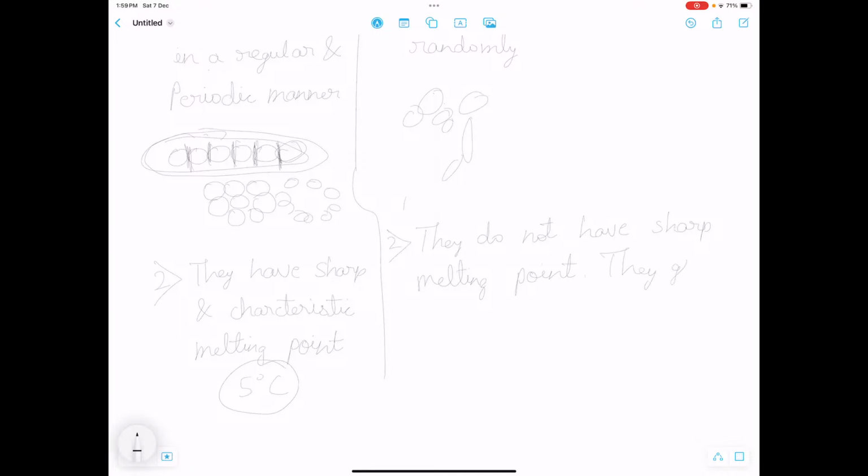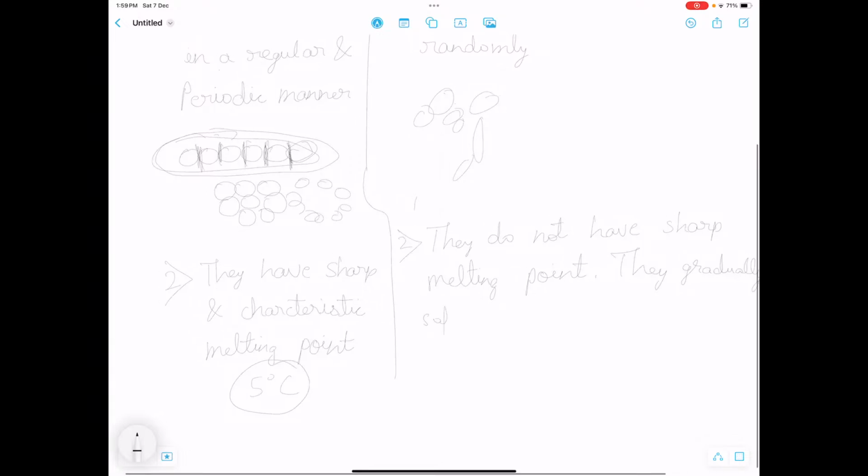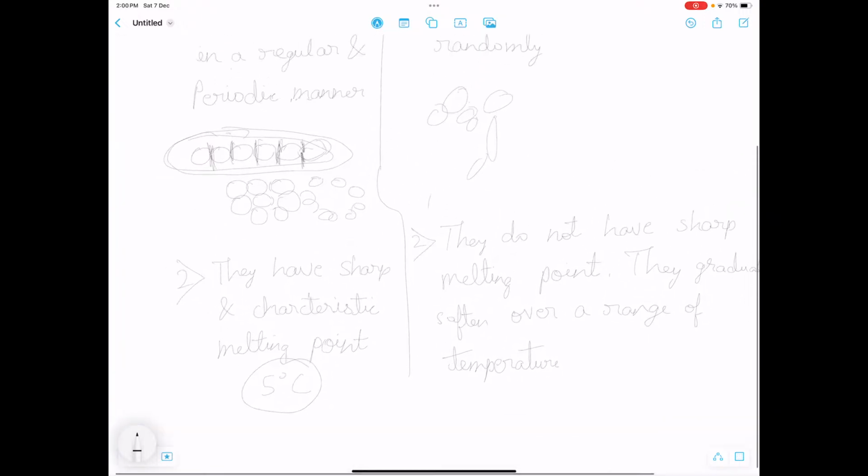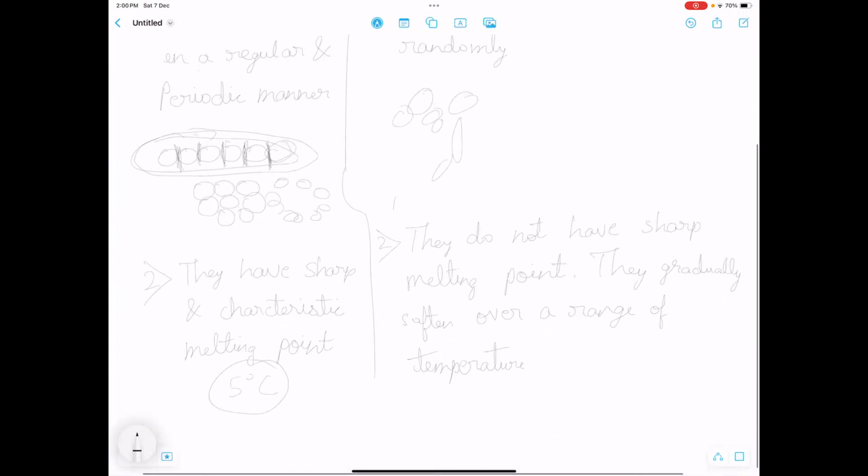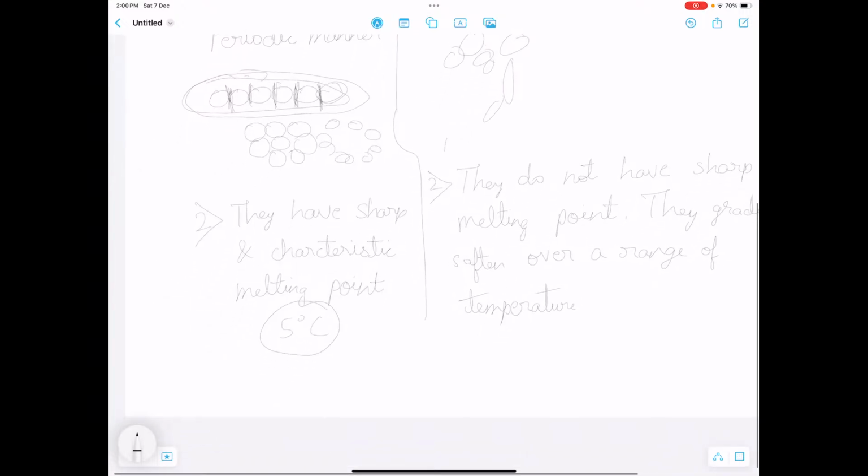They gradually soften over a range of temperature.